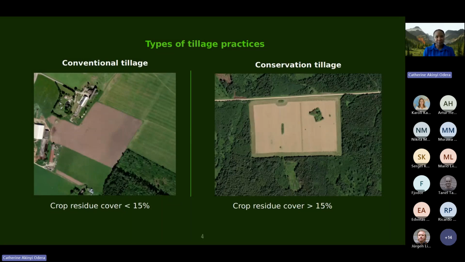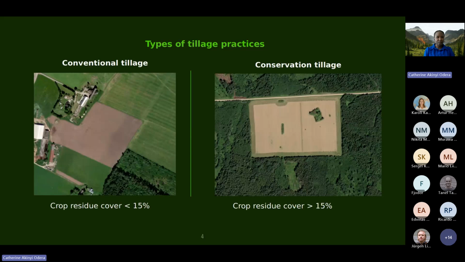But these are the major categories. There are other types of tillage practices that you are maybe conversant with that fall under the different categories. For conventional tillage, as an example, you have plowing and harrowing, which are the most common conventional tillage practices. And then for conservation tillage, you have got two broad categories that fall still under this major category.